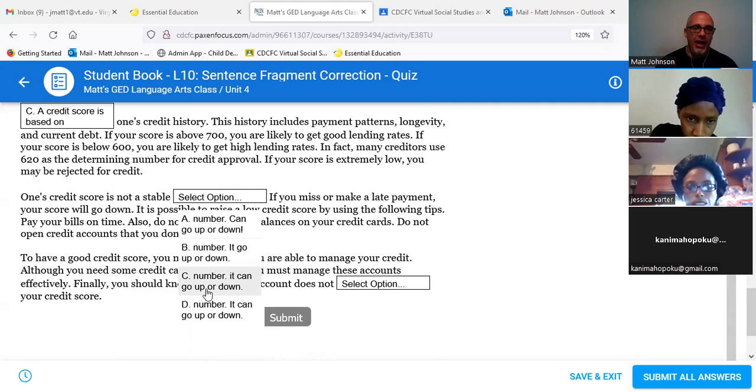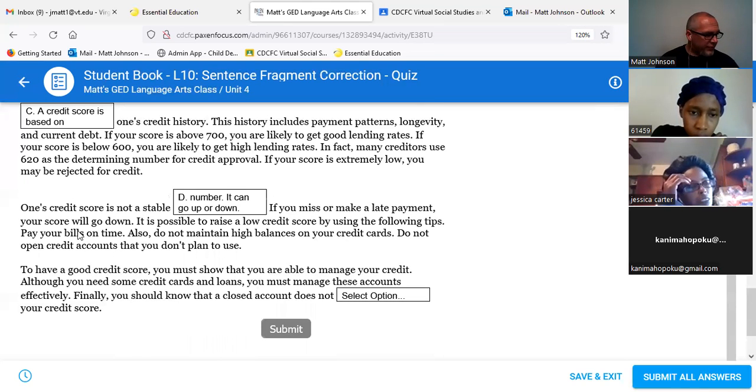So it can go up or down. Complete sentence there, right? That's what they're looking for. Can go up or down for A, not a complete sentence. It go up or down, also not a complete sentence. So the only thing we have there, C would be correct, but the only thing that separates is that it is not a capital letter to start that sentence. So D is correct. Good job.